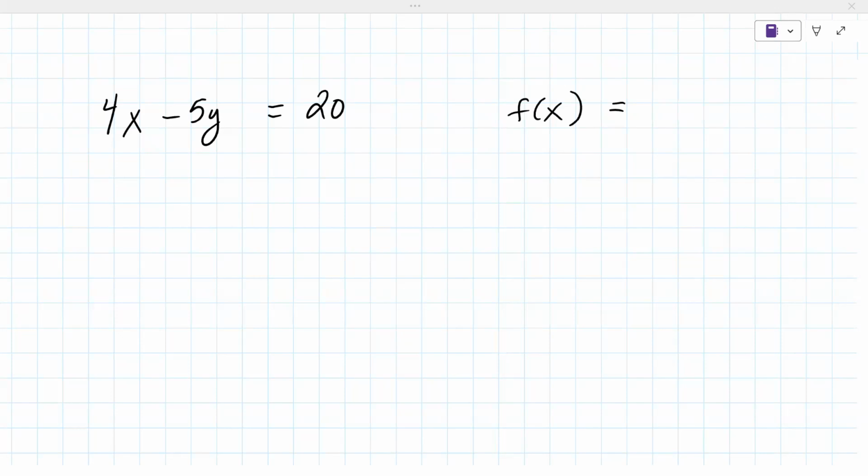All right, I got f of x is equal to 4/5 x minus 4. Yeah, that's good.